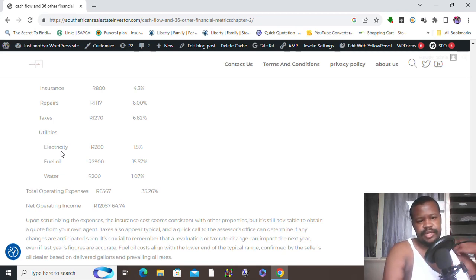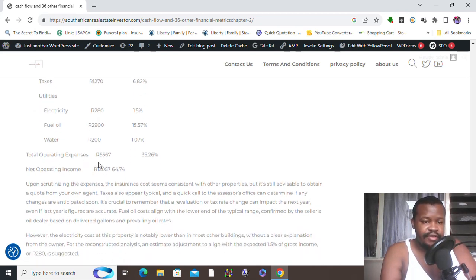Total operating expense is 6,567, which amounts to 35.26%, where the net operating income is 12,057, which is 64.74%.